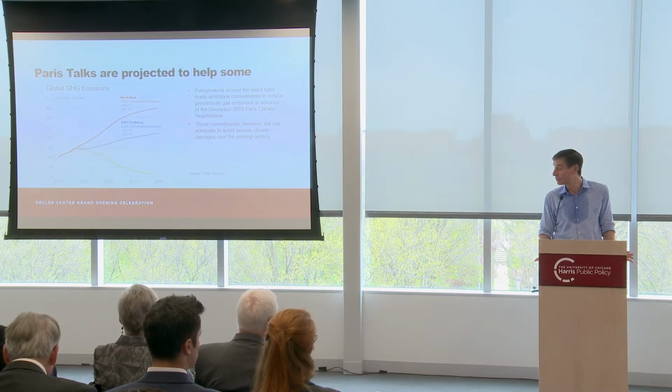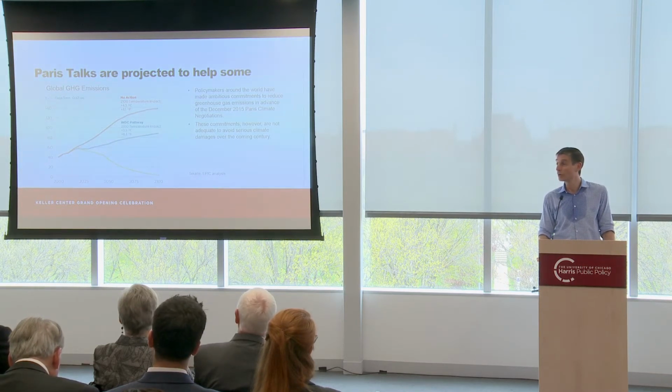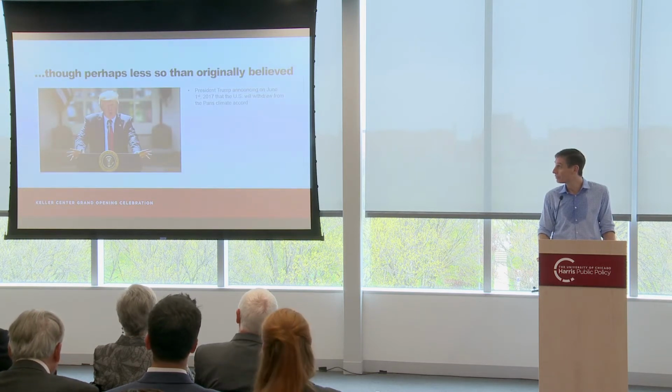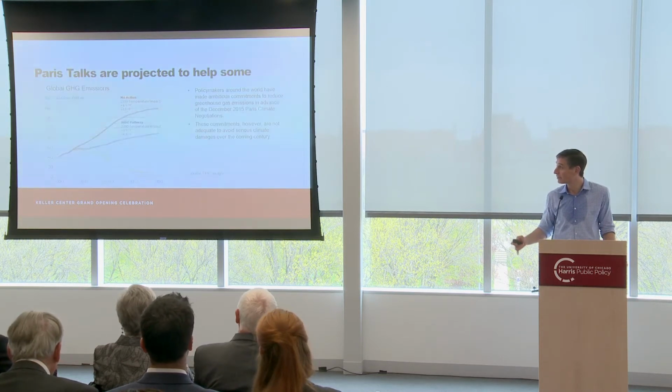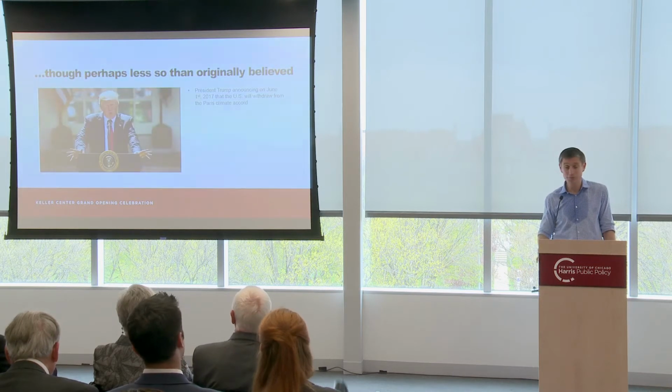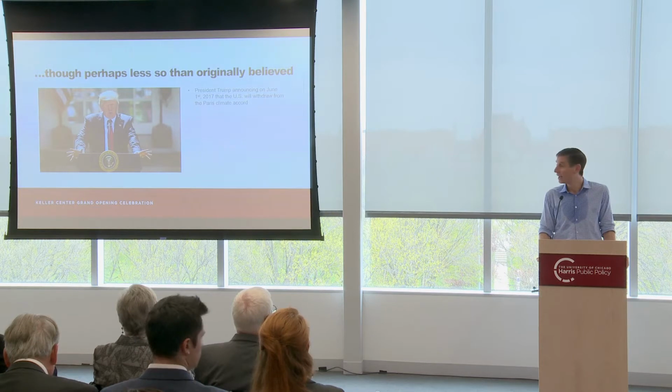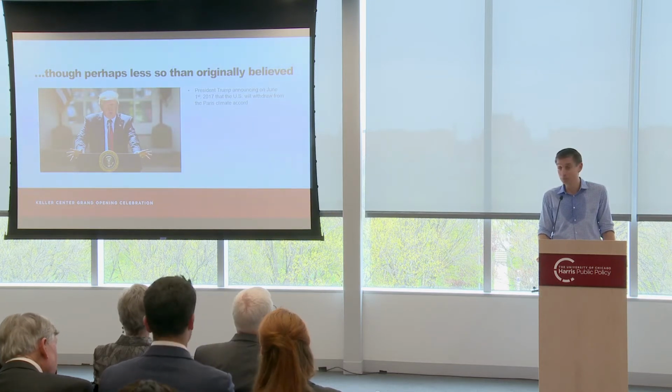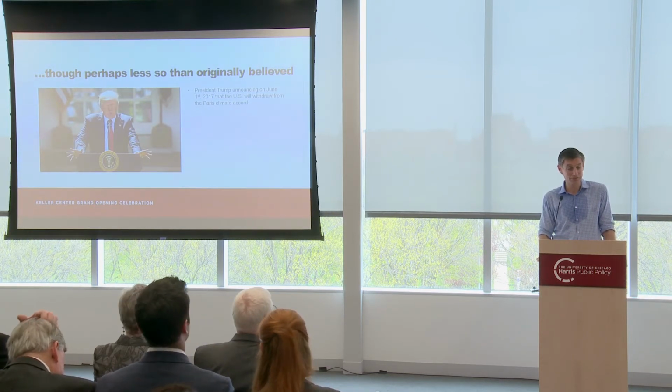And so you could view that as half full or half empty. But I just want to note that even the blue line would require really massive reductions in greenhouse gas emissions relative to the red line. Now, of course, even if we thought we were on the path to the green line, or even the blue line, things probably changed after the 2016 election, and the United States has pulled out of the Paris Climate Accord or is in the process of doing that.